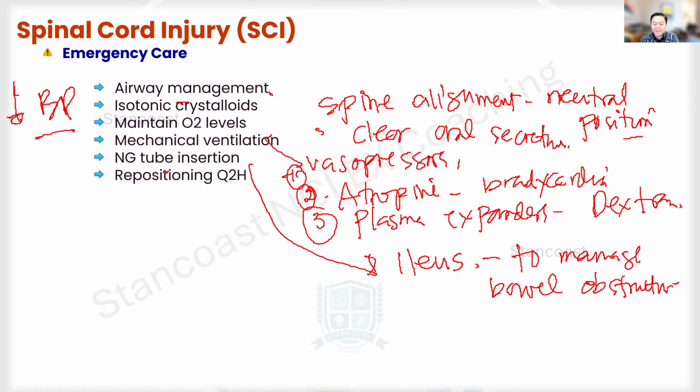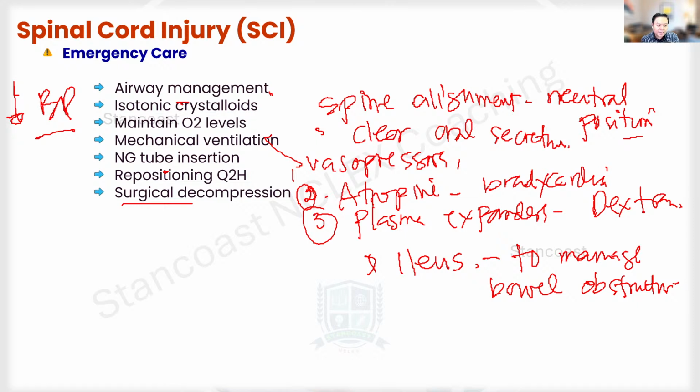We don't want that. Now, another is to manage their airway, like I've said, or maybe the surgical decompression. So this is going to be important, especially if there is apparent injury or let's say compression of the spinal cord by the vertebra, okay? So we want to make sure we are preparing the patient for immediate surgical procedure to relieve the pressure. Yes, cervical collar, that's going to be part here.